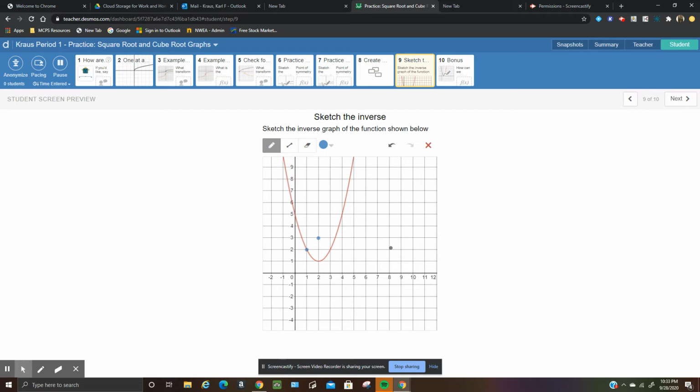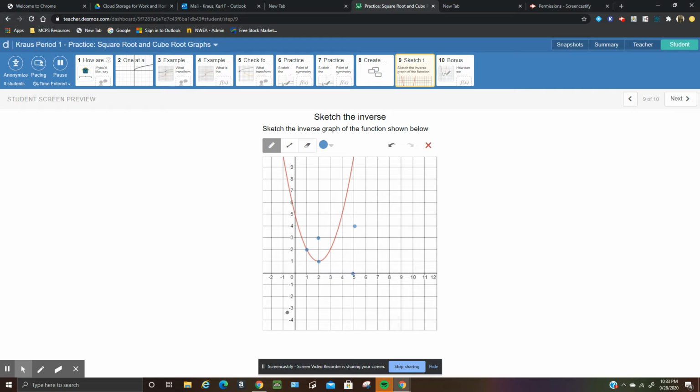And then 1, 2 becomes 2, 1. 4, 5 becomes 5, 4. 0, 5 becomes 5, 0.